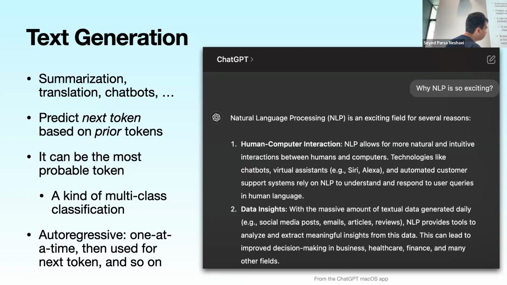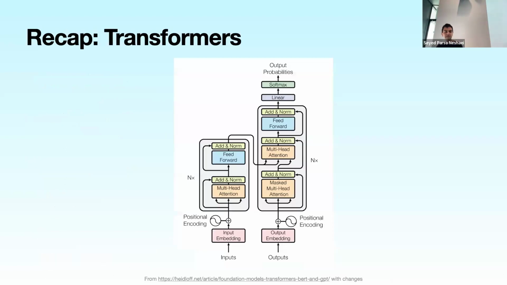If you have a model that has been trained to predict the next token, it will be useful for text generation. And that's what we can use transformers for. If you remember for BERT, we removed the decoder part and only kept the encoder. Now we want to do the exact opposite: we remove the encoder and just keep the decoder.